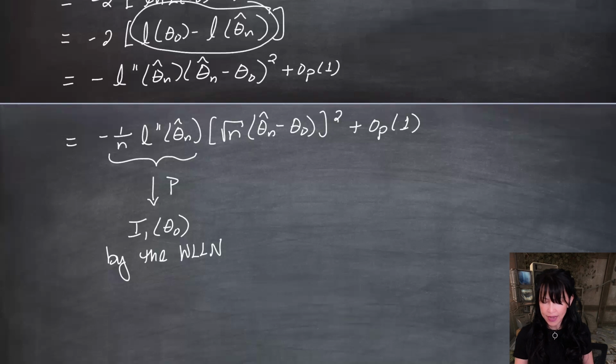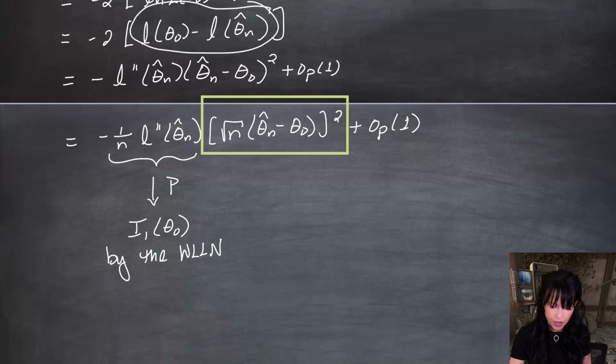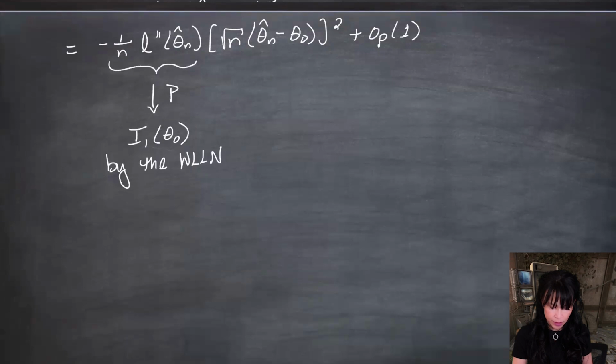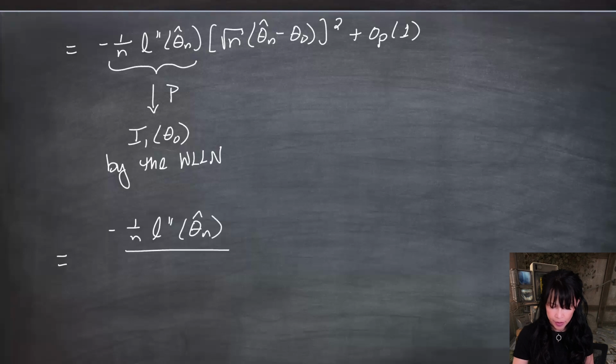Okay, and this other part here, let me write this whole thing a little bit differently. This is 1 over n L double prime of theta n hat. I'm going to put divided by I1 of theta naught, so that converges in probability to 1.